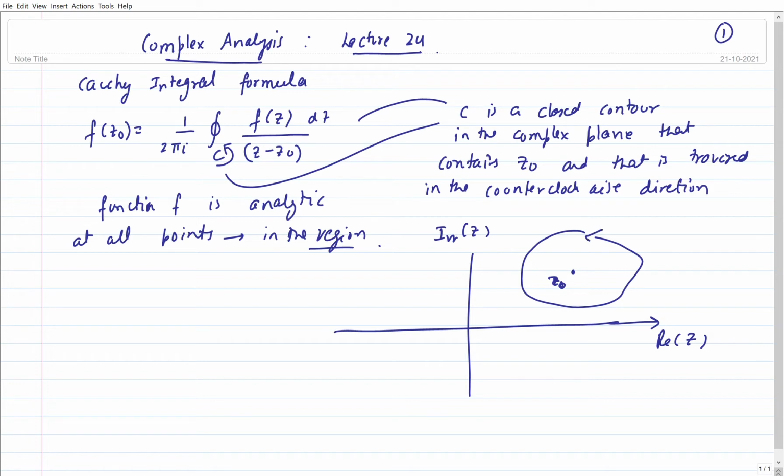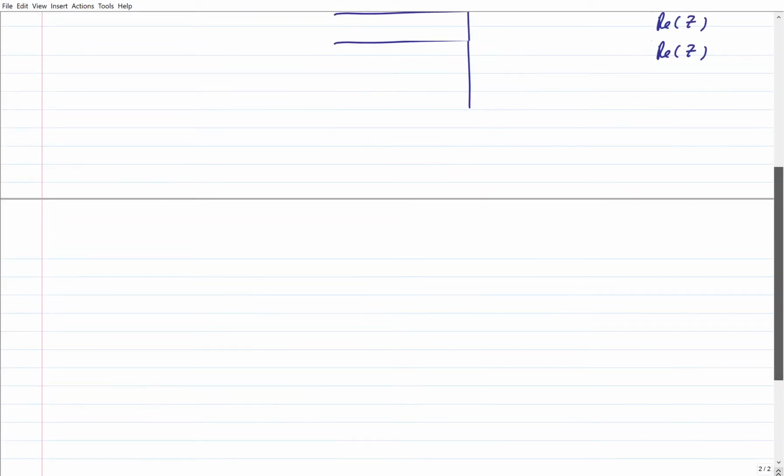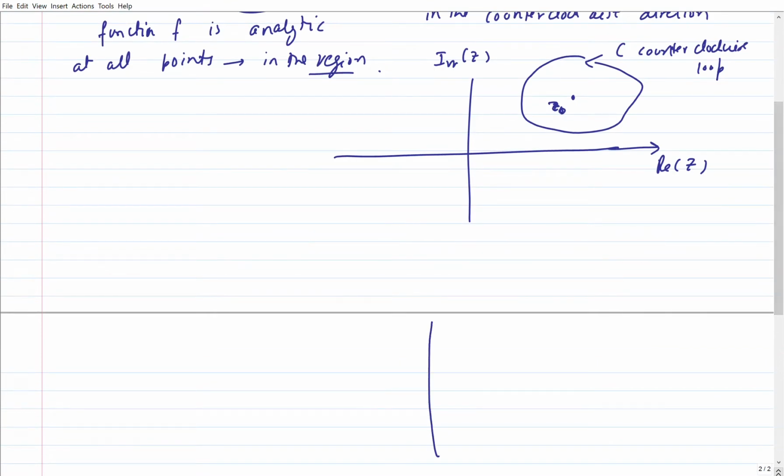So this was a counterclockwise loop. So let me try to redraw this. So I have this guy, imaginary part of z, real part of z, and so this was my z0.